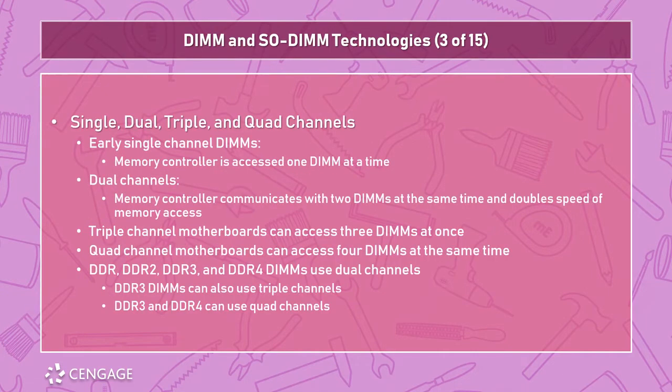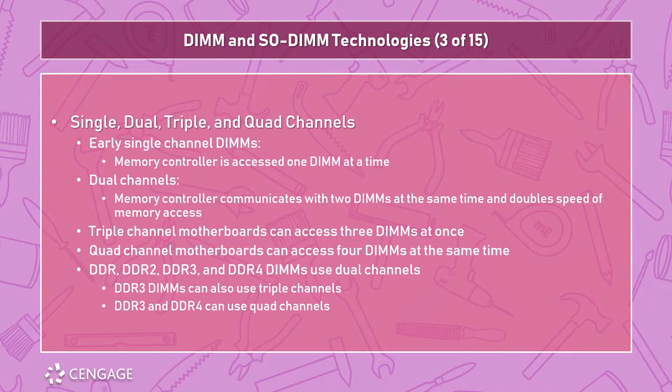Single channel DIMMs are where the memory controller accesses one DIMM at a time in order to process memory. There's one RAM stick being accessed at once. Dual channel is where we access two DIMMs at the same time. So if we have 4 slots, a single channel would be 1, 2, 3, 4. A dual channel would be 1, 3, 2, 4, alternating back and forth.